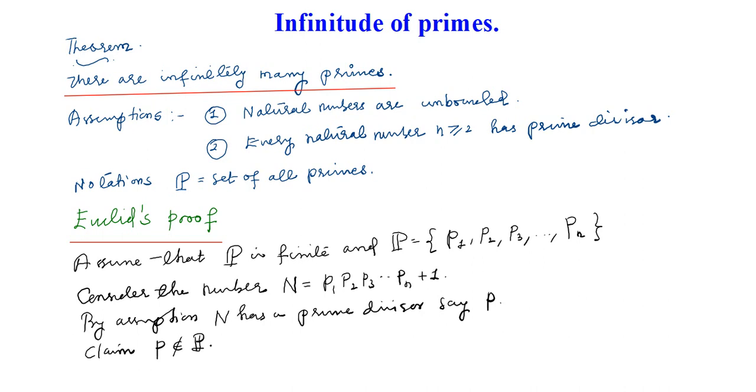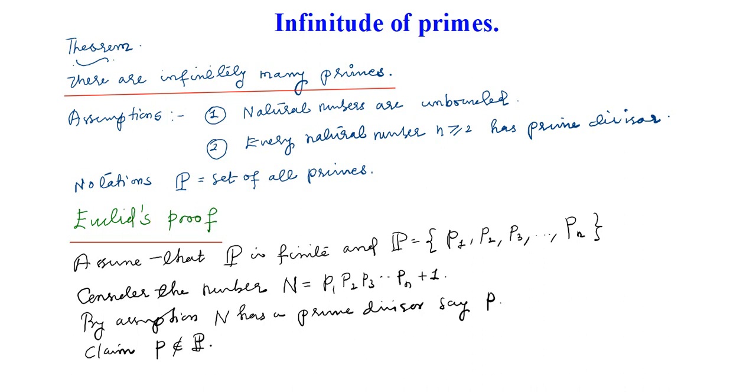Secondly, every natural number greater than or equal to 2 has a prime divisor. With these two assumptions in hand, we are able to prove that the set of primes is unbounded, or infinite.